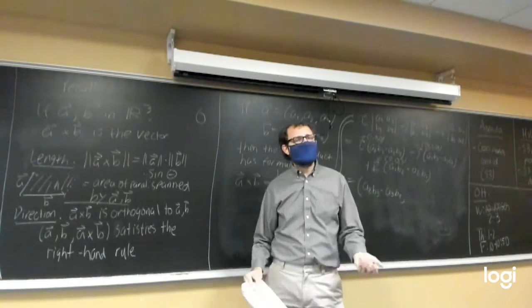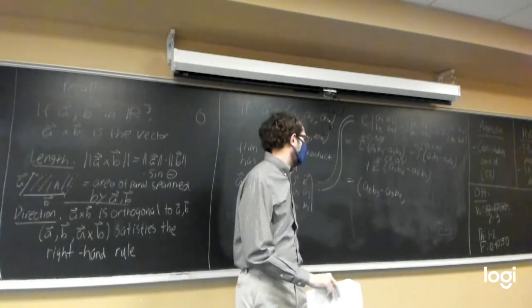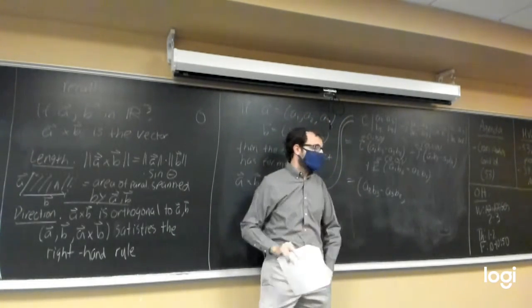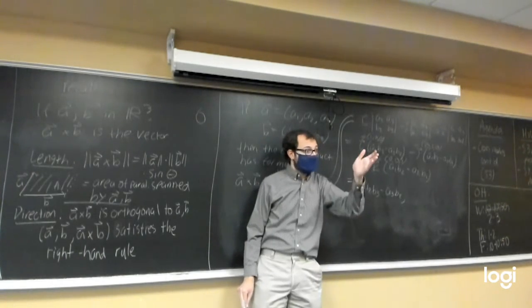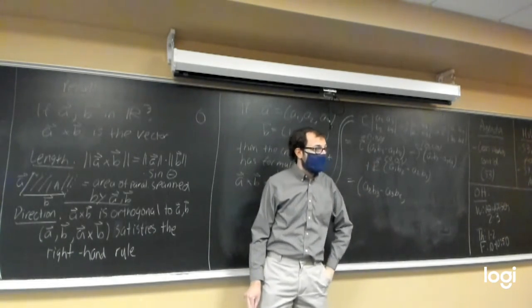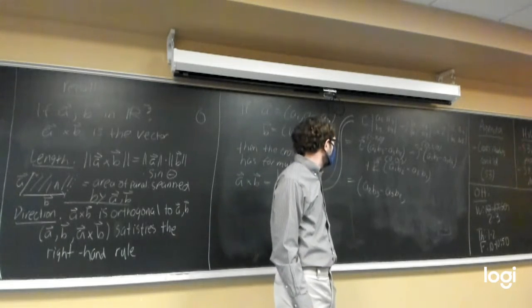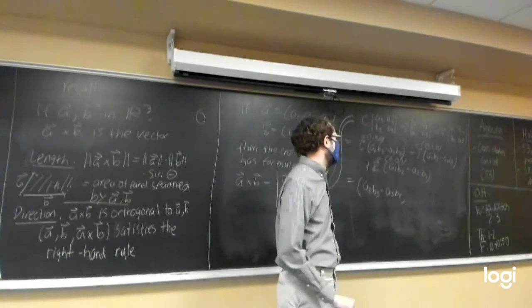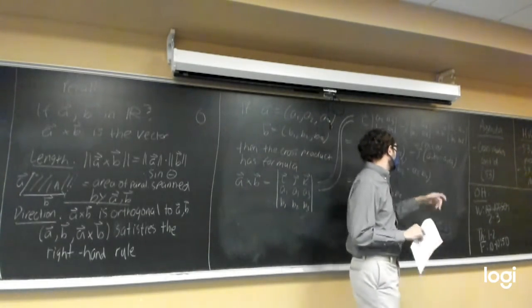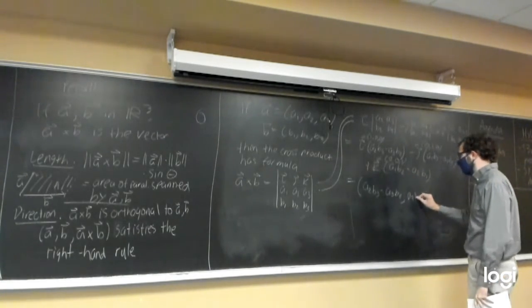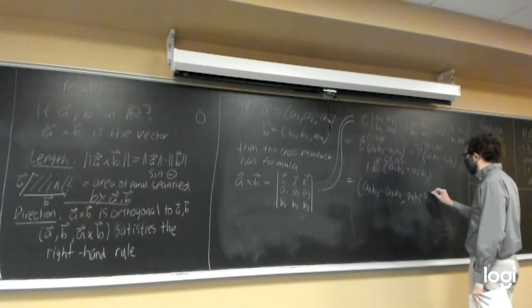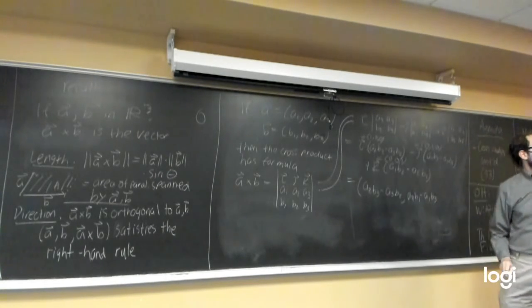Can anybody tell me what the second coordinate is going to be of this sum when we combine all of our vectors? Yeah, exactly. It's going to be negative A1, B3 plus A3, B1, or if you prefer, just A3, B1 minus A1, B3. Good job catching the negative sign.